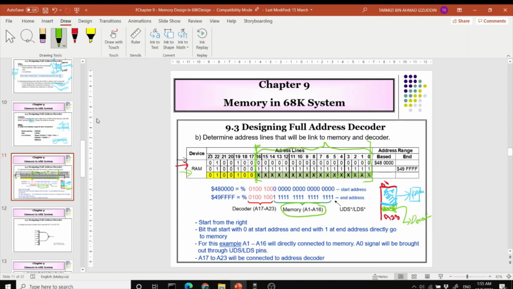So we have over here A0 to A16 that change.